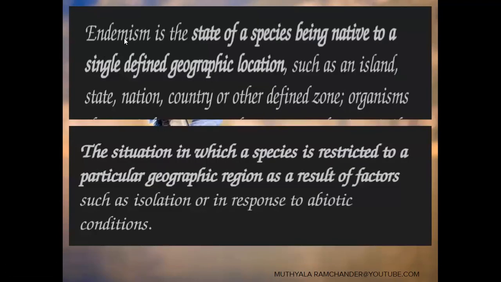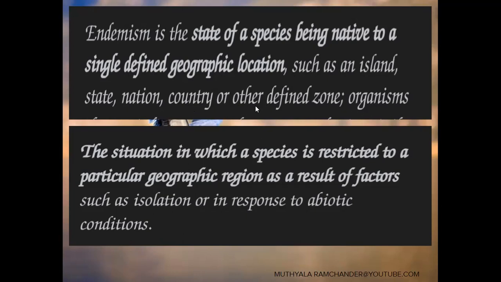The next topic from the values of biodiversity: endemism. Endemism is the state of a species being native to a single defined geographical location, such as an island, state, nation, country, or other defined zone.